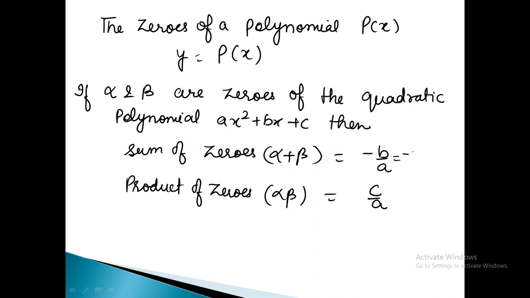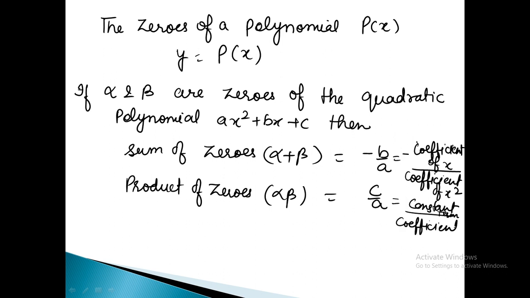Minus b means minus the coefficient of x over the coefficient of x square, and c over a is equal to the constant term over the coefficient of x square.